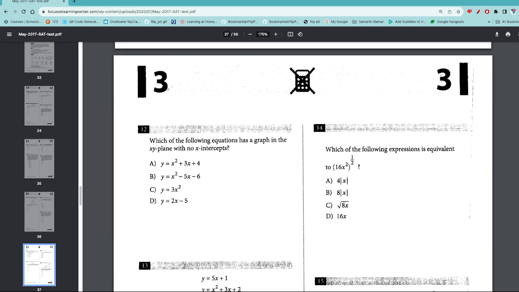Okay. Which of the following equations has a graph in the x-y plane with no x-intercepts, meaning y never equals 0? Okay, well, this one should. This one, 0, 0 could work. This one, you could do x. How about this one? Well, you need factors of 4, and then I think you could do 1 and 4, or 2 and 2, but that's not really going to work out.